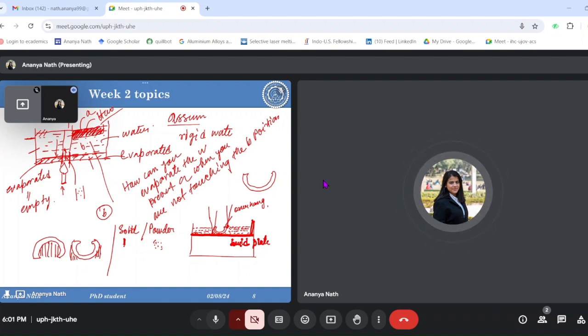But if there is nothing, if there is air below this overhang portion, then the heat cannot be transferred and it cannot melt the powders present over that overhang portion, because here the support is made of powder.